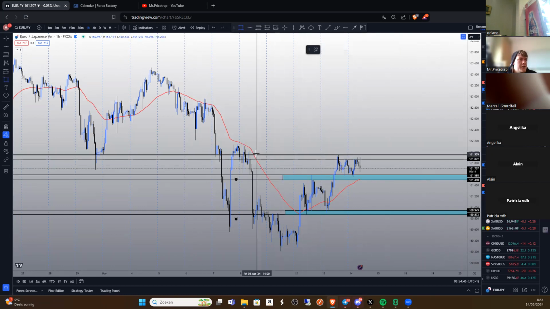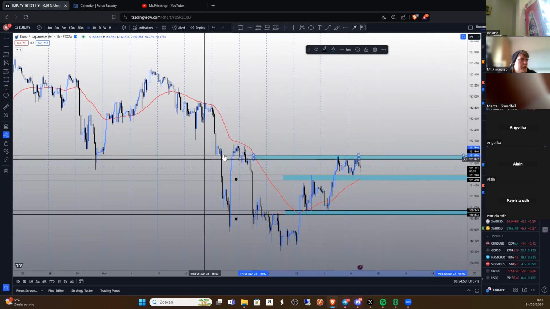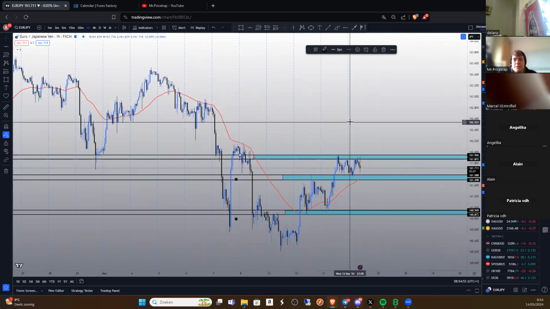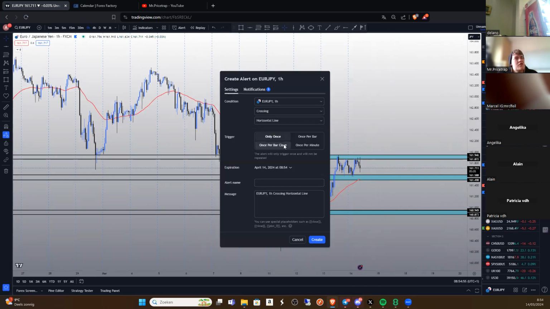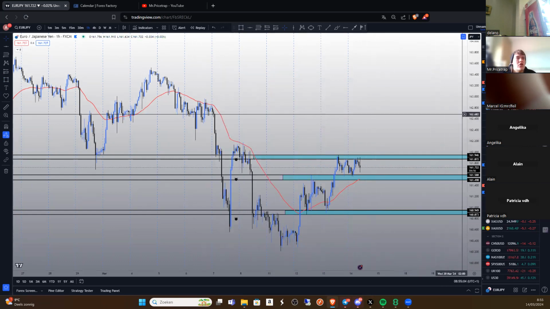Let me first check this on the other JPY pairs also, if we can use it like that. Makes sense. Yeah, indeed, it's like training your eyes. To be honest, if you start price trap, a lot of people skip the part of trapping the market and getting to know the market structure.